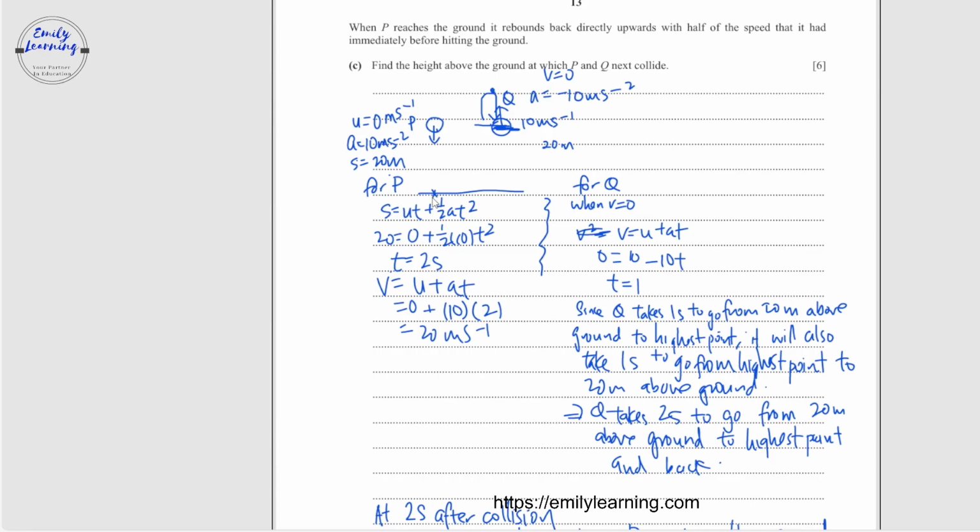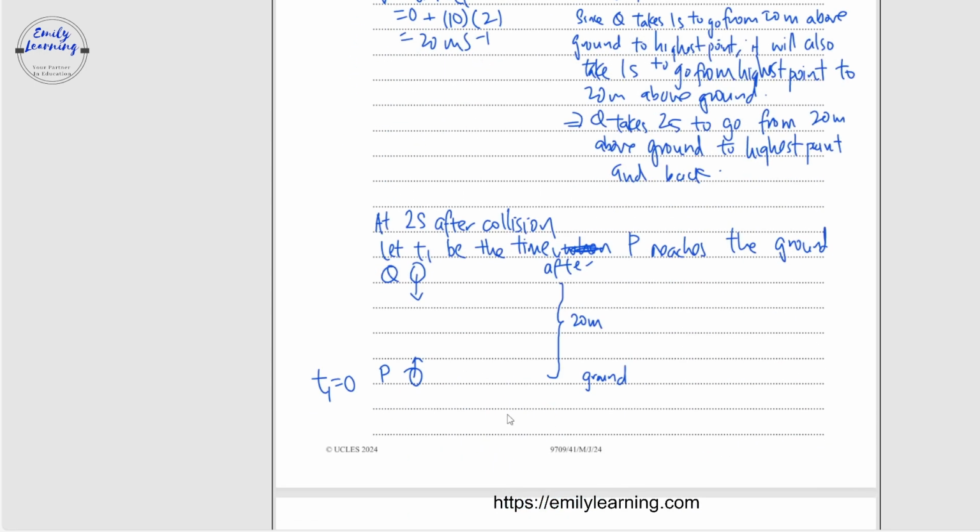So when P hits the ground, its speed is 20 meters per second. But when it rebounds up, is the speed still 20 meters per second? No, because the question says that its speed is now half of what it was immediately before hitting the ground. So at T1 equals 0, the speed of P is 20 times half, which is 10 meters per second.